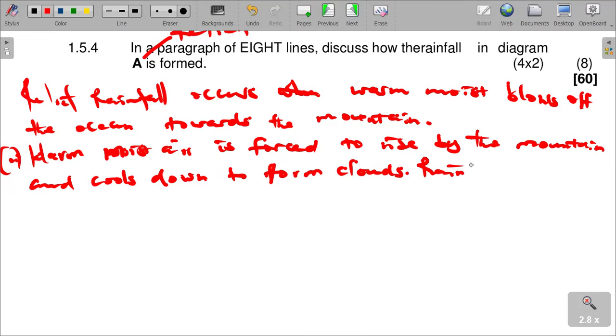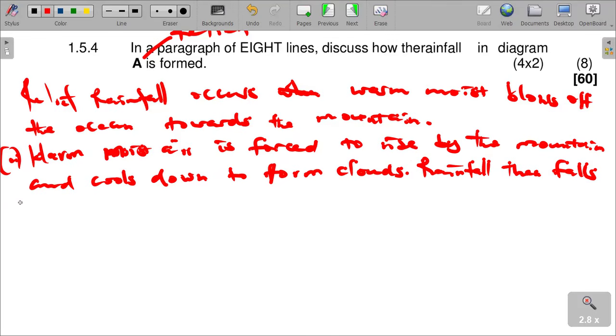Rainfall then falls. It falls on the side of the mountain that faces the what? That faces the ocean.